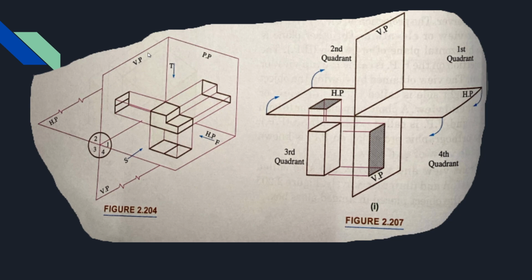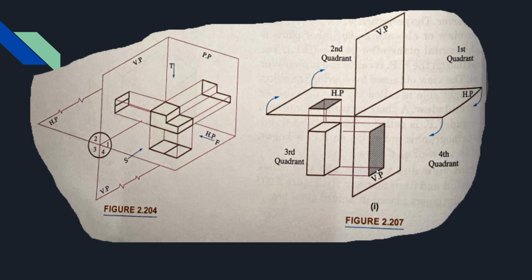And you can see that each plane here, the vertical plane, the profile plane, and the horizontal plane, represents each view for this L-shaped block here, right? So for the vertical plane, you have the front view. For the profile plane, you have the side view or the end view, and for the horizontal plane, you have the plan view or the top view, right? And then for the third quadrant, you can see that they're showing you the horizontal plane and the vertical plane, right? Which would be the plan view and the end view.